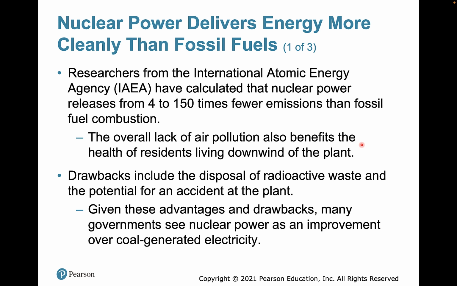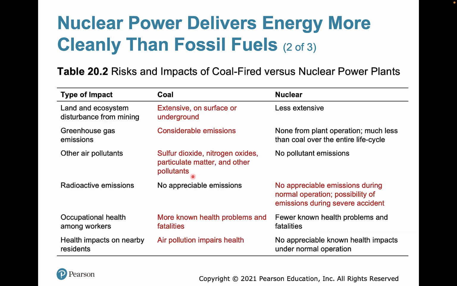So if you do a cost-benefit analysis, you look at the pros and the cons, a lot of governments see nuclear power as advantageous as compared to coal, right? It's mostly because of these issues. They take a look at the radioactive waste and the potential for an accident and say, it's not that big of a deal.